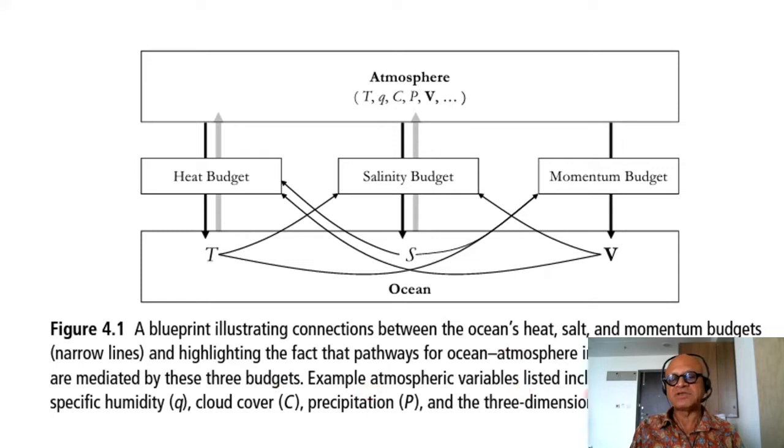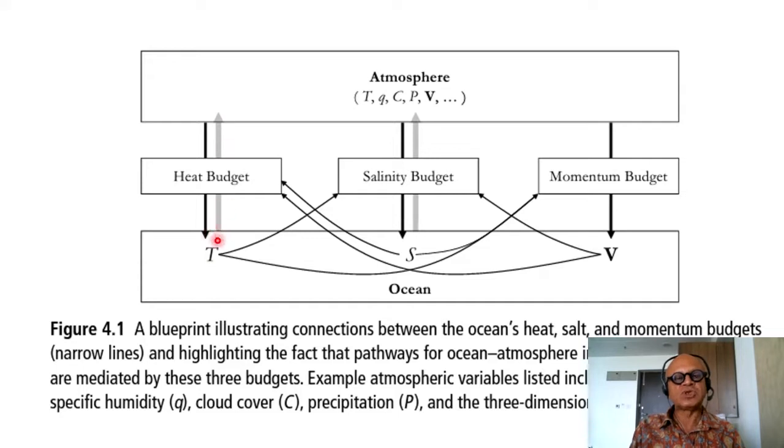Examples of atmospheric variables listed include air temperature, specific humidity, cloud cover, precipitation, and three-dimensional velocity vectors. So you have atmospheric air temperature, air humidity, clouds, precipitation, and winds, which interact at the surface with the ocean through the heat budget and salt budget that we talked about.